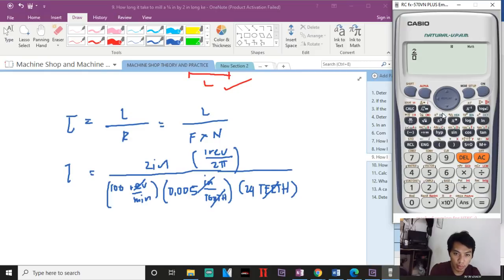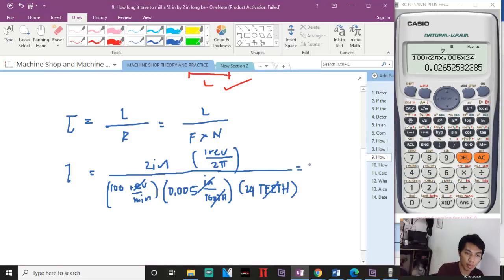So 2 over 100 times 2 pi times 0.005 times 24. So that is 0.0265 minutes.